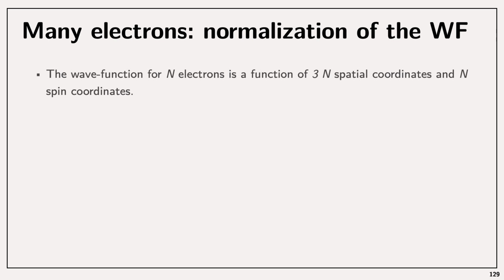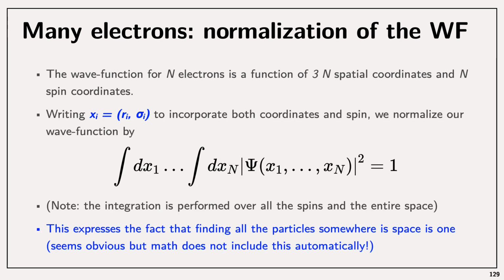So now if we have n electrons, each of them has 3 spatial coordinates and 1 spin coordinate per electron, that gives us 4 degrees of freedom per electron. So if we write x as a combination of the position r and the spin sigma for each electron indexed by the index I, we can then put this in the normalization equation that's given here on this slide.